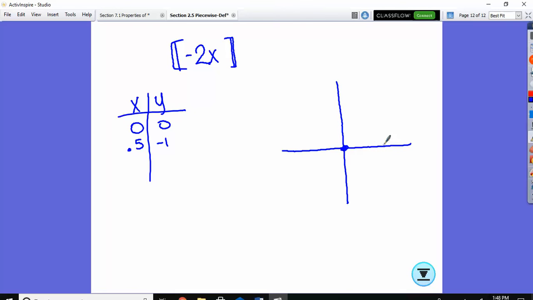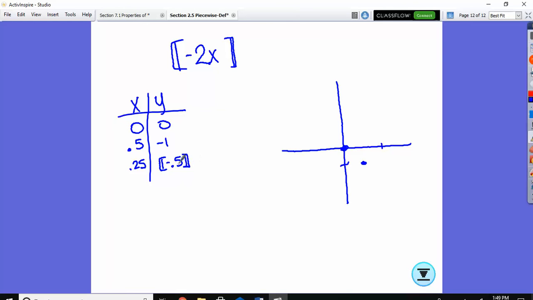Okay, so I put in 0.5, and I got out negative 1. Let's try something in between the 0 and the 0.5 so we can figure out exactly what's going on. So if I put in like 0.25, negative 2 times 0.25 is negative 0.5.